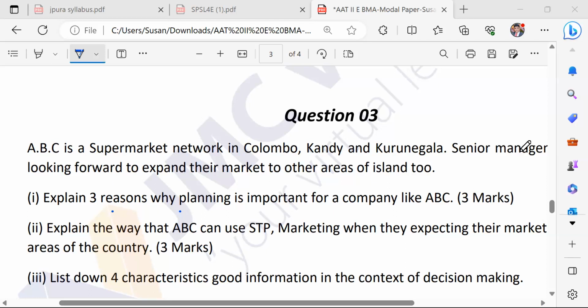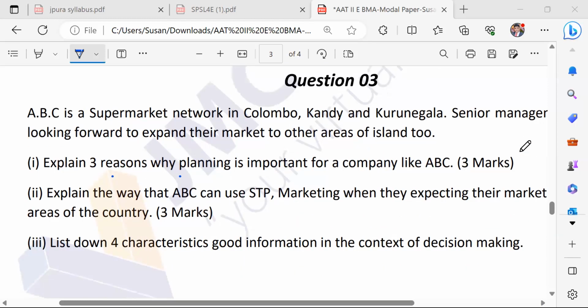It avoids and mitigates risk. It improves creative ideas. It leverages the process of decision making. There are many reasons given, and you can explain 3 out of these.